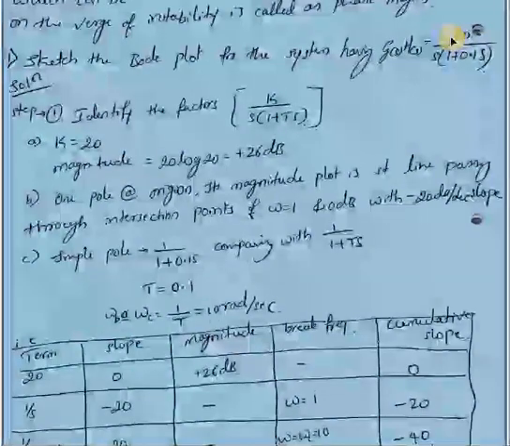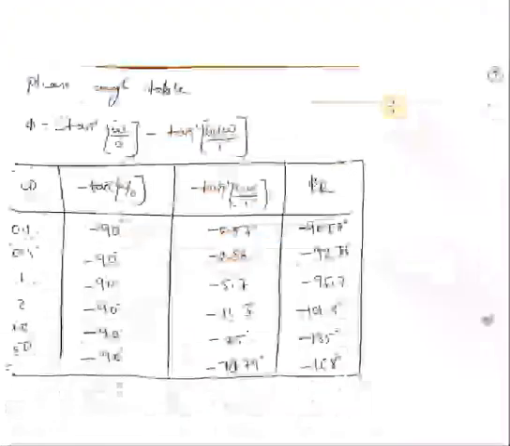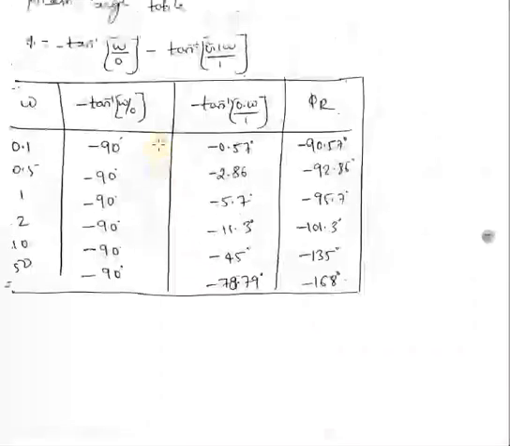And in place of s, I am substituting j into omega, plus 0 as the real part there. For that reason, I am writing the denominator terms with a negative sign: minus tan inverse of omega by 0, minus tan inverse of 0.1 omega, where the imaginary part is 0.1 omega and the real part is 1. And you need to select the omega values.